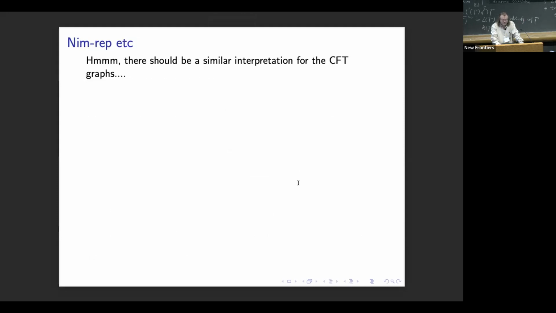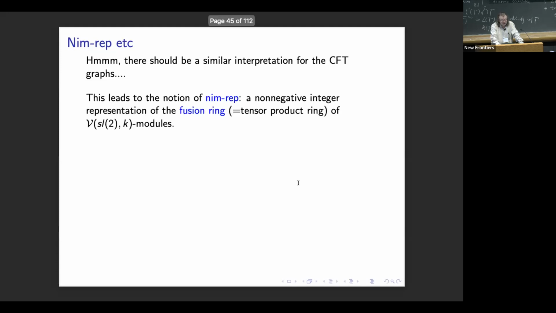Okay, so obviously it's highly suggested there should be an interpretation for the Cappelli-Itzykson-Zuber graphs. They're saying that we get this ADE correspondence. Well, we should be able to see the edges on these graphs. And so this led Zuber to the notion of a NIMREP, a non-negative integer representation of the fusion ring.